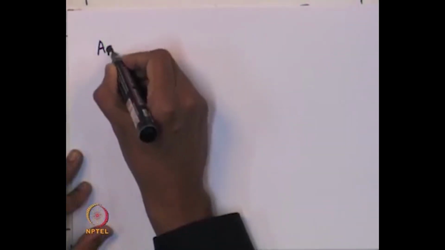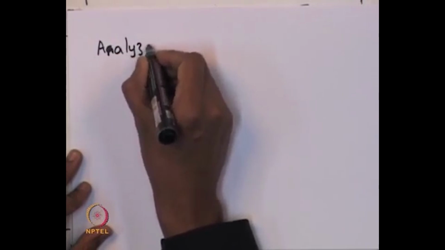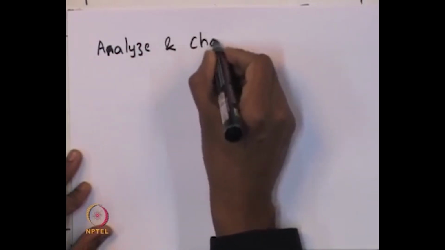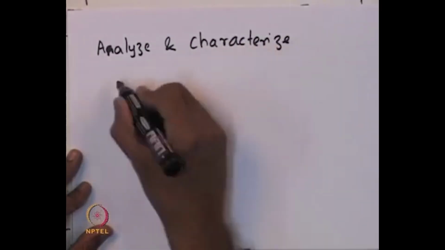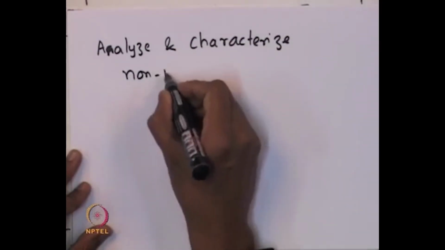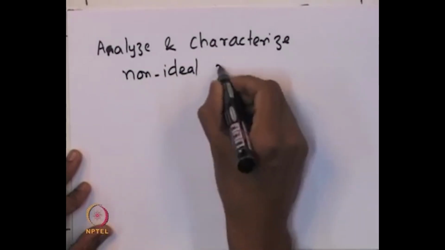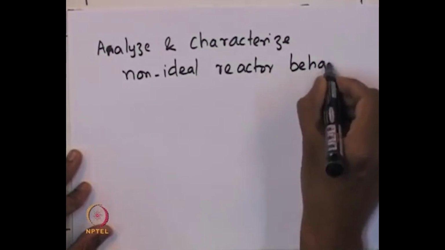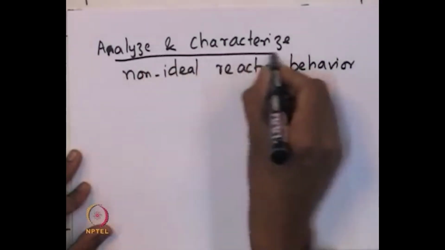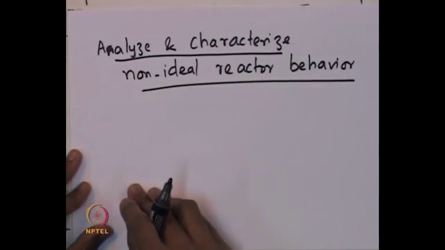So, the objective of the rest of the syllabus of the course is basically to analyze and characterize non-ideal reactor behavior. That is going to be the objective for the rest of the course.